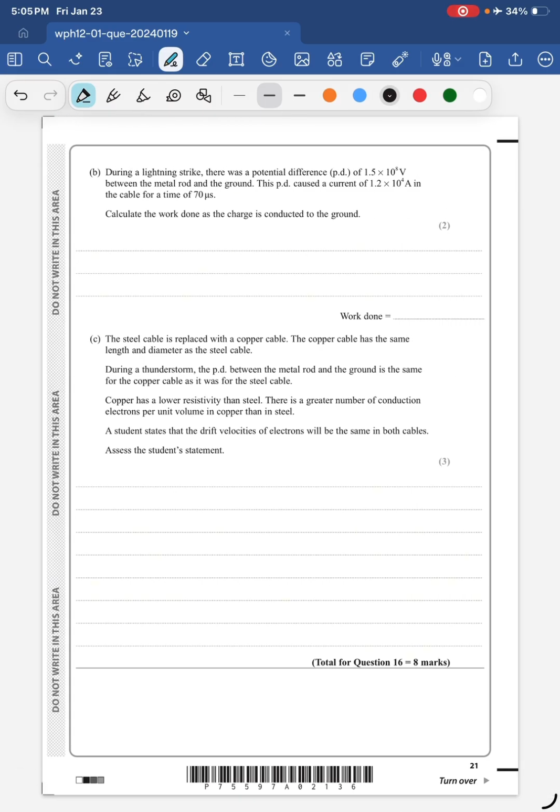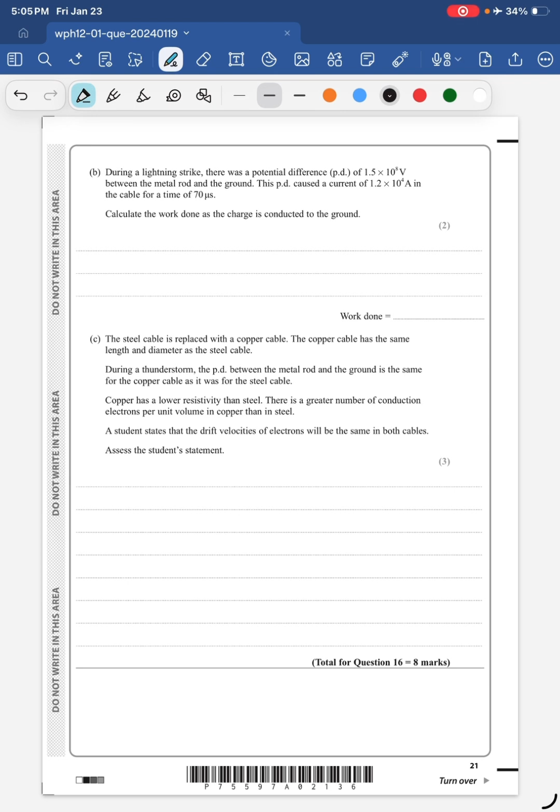Part B, during a lightning strike, there was a potential difference of 1.5 times 10 to the 8 volts between the metal rod and the ground. This potential difference caused a current of 1.2 times 10 to the 4 amps in the cable for a time of 70 microseconds.